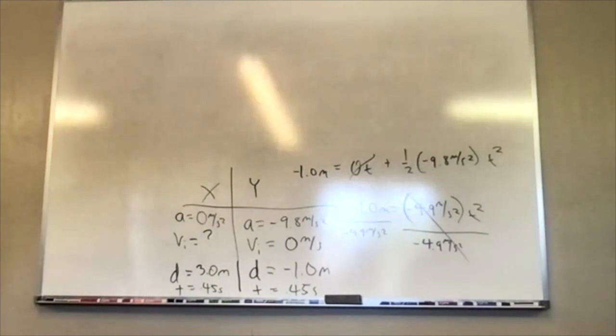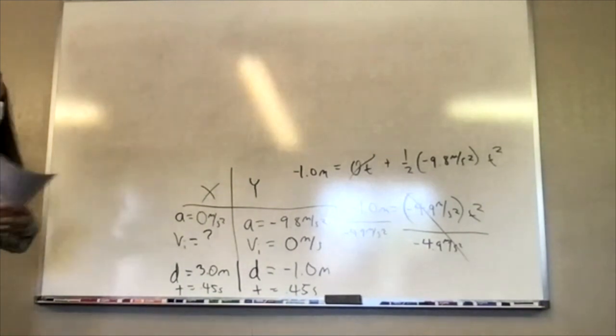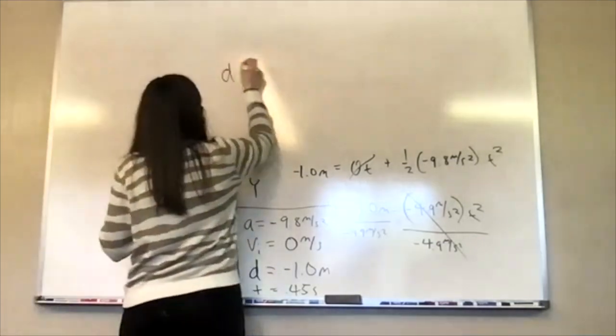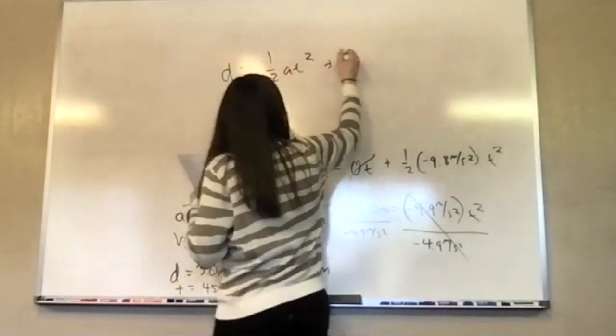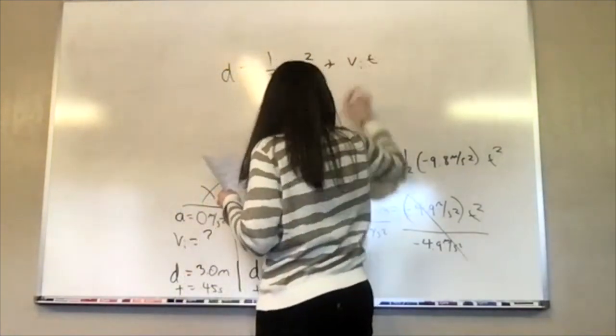So we would look and we can see that the equation we'd have to use would be d equals 1/2 at squared plus vi times t.